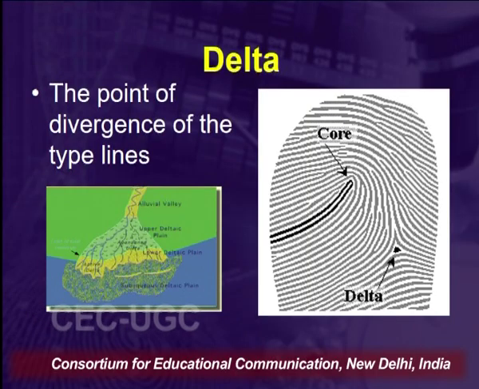So, basically when we are identifying, we look for a core pattern, we look for a delta pattern, and we draw a line between the core and delta. We see how many ridge lines are there and then we look for what different kinds of patterns are present.